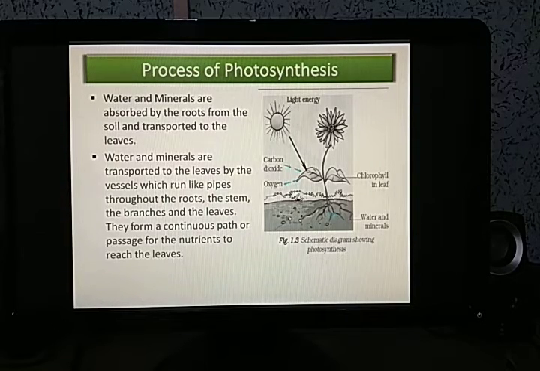So they form a continuous path or passage for the nutrients to reach the leaves. I hope this is clear to you. From the roots they go to the stem, then to the branches, and then ultimately to the leaves, where the water and the minerals are required to prepare the food.